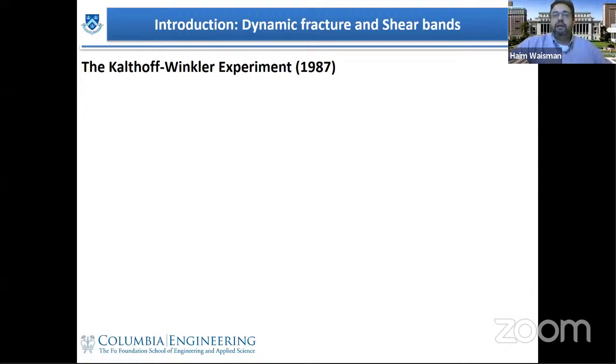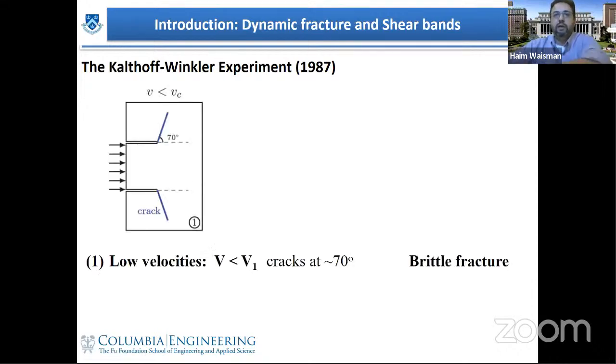What they did was take a steel plate with two notches and impact that steel plate with different impact velocities, right? When they had a very small velocity, they observed 70 degree cracks formed out of the notch tips.